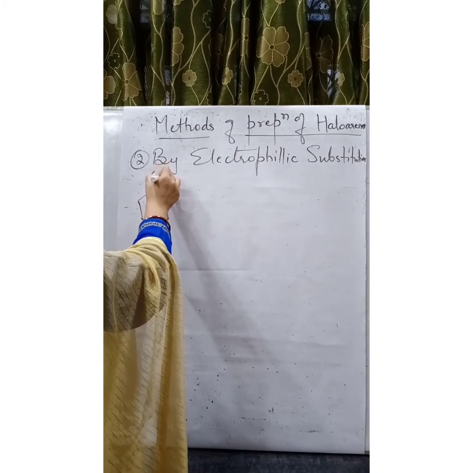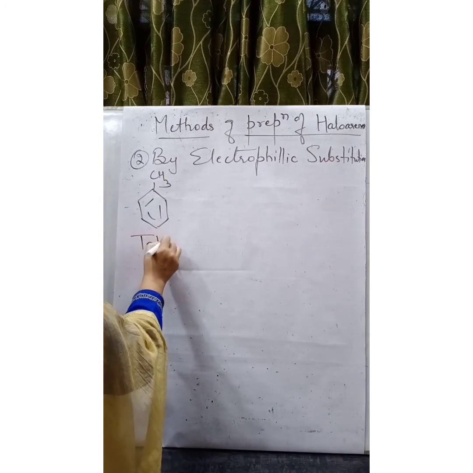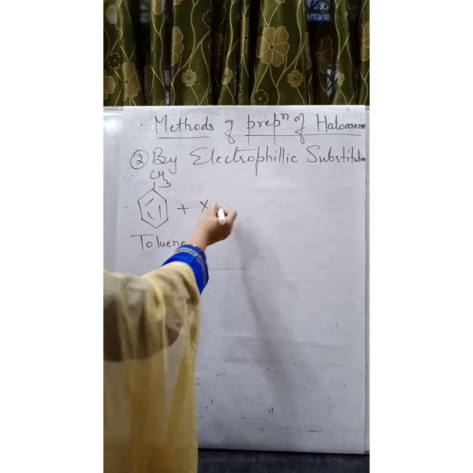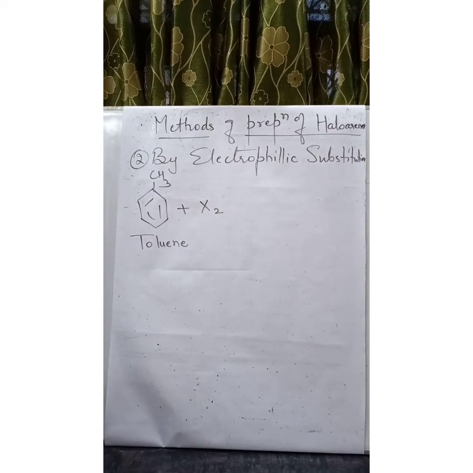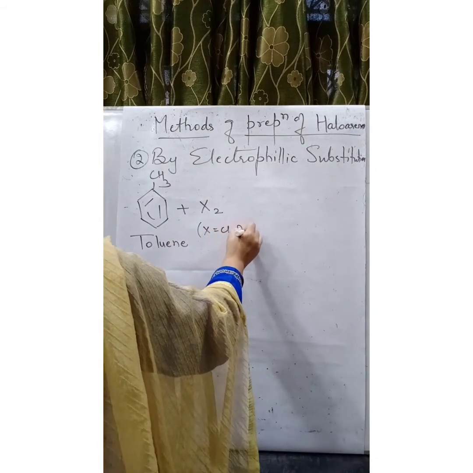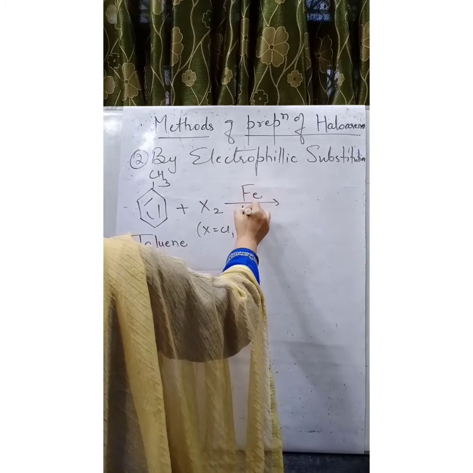Let us take toluene, methyl benzene. When treated with halogen, here also X stands for chlorine or bromine, in presence of Fe and dark.